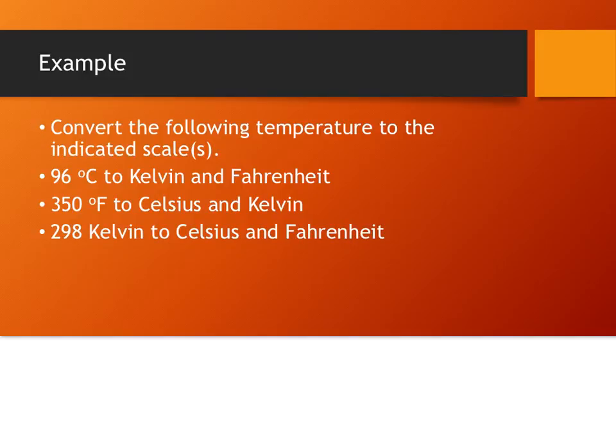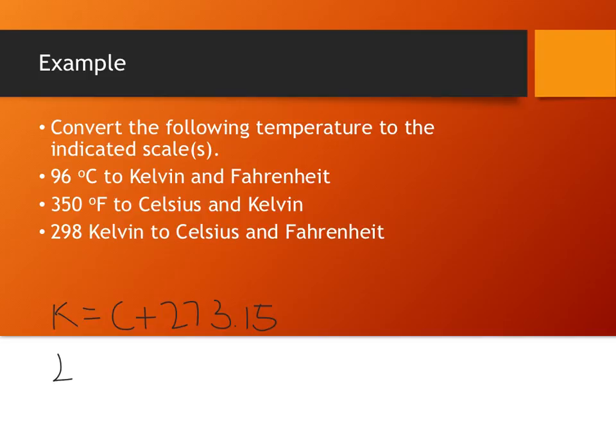And on our last one, we're going 298 Kelvin to Celsius and Fahrenheit. Again, we don't know Kelvin to Fahrenheit, so let's start with Kelvin to Celsius. Okay, so our Kelvin is equal to Celsius plus 273.15. Wow, this is not working too well. Which means that we just subtract from our Kelvin to get Celsius.